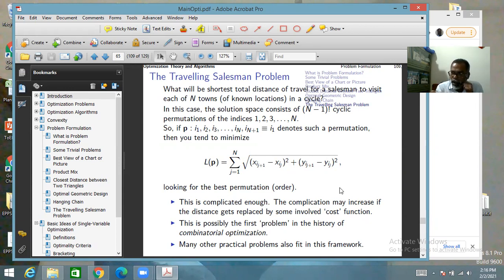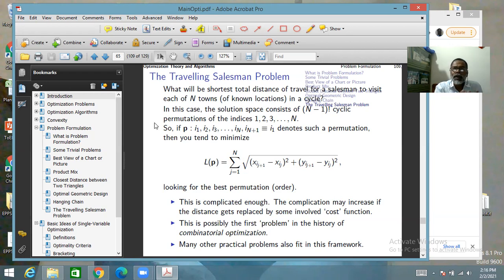The cost may be something else, not just distance. This is one of the most celebrated problems of combinatorial optimization, and most probably it is the first problem which got formulated in the area of combinatorial optimization. And many other problems in some way fit in this framework.